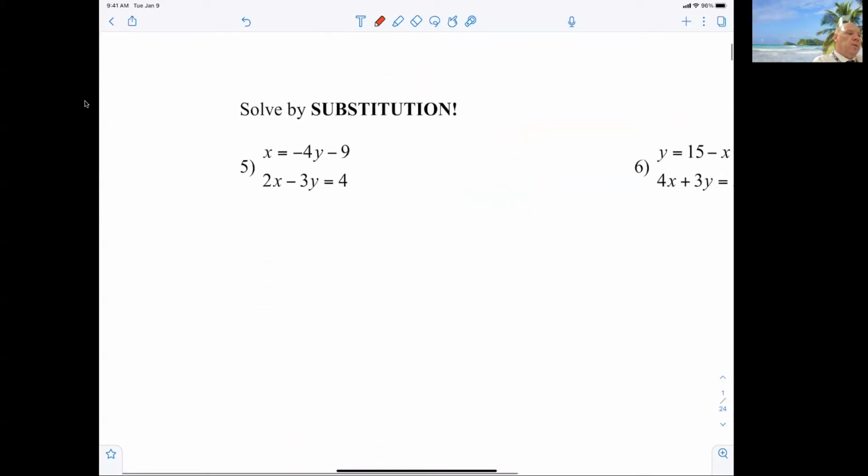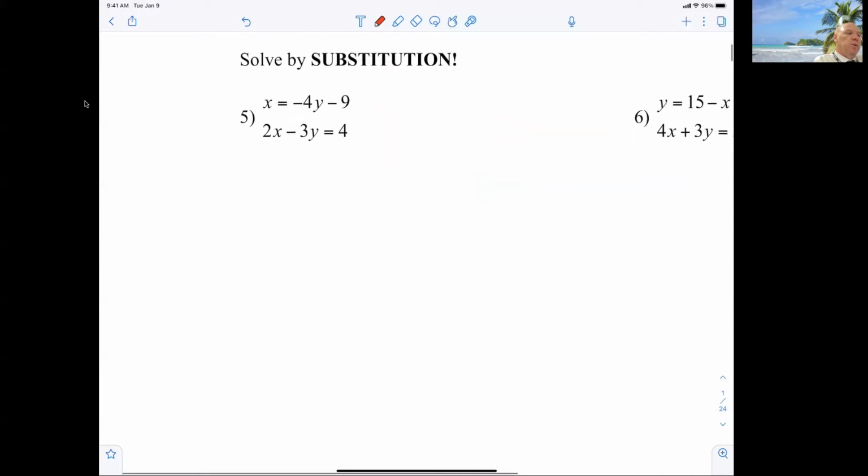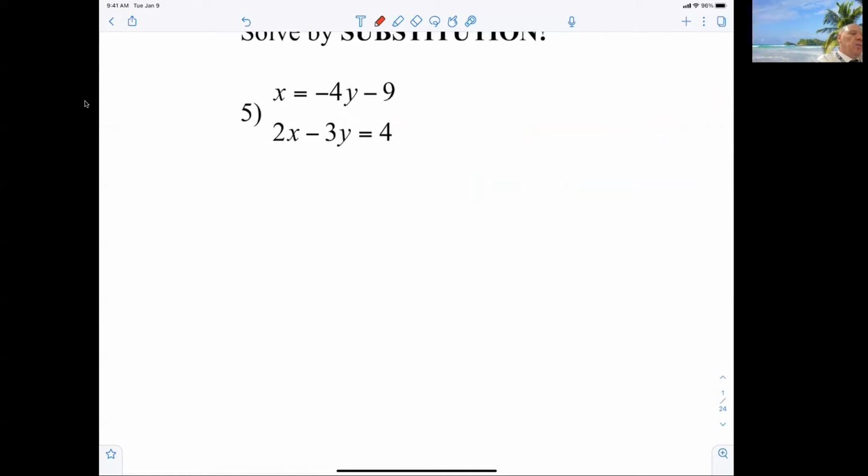The next lesson was substitution. Solving a system of equations by substitution just means you are substituting in 4x - 4y minus 9. So this x right here, I'm going to change to what?